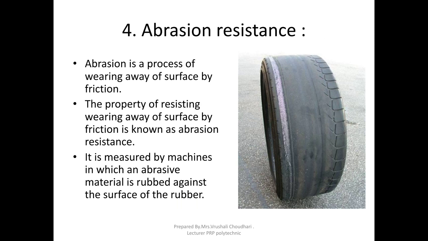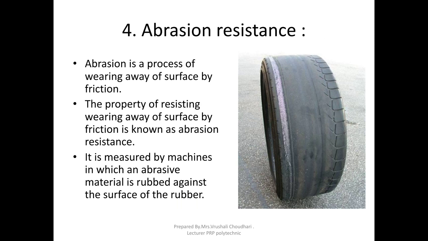There is a decrease in size, it becomes smooth, and there is no grip on the surface. But if the tire is made from good quality rubber, it is abrasion resistant. The property of resisting wearing away of a surface by friction is called abrasion resistance.